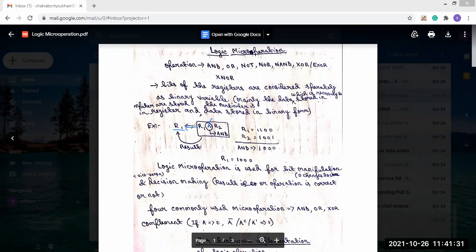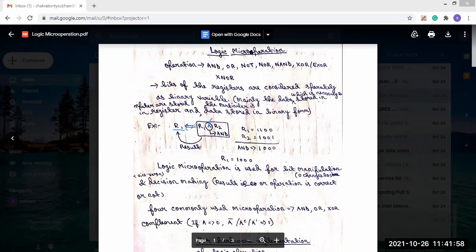Decision making means checking whether the result of the operation is correct or not. For this, logic micro operations are used.